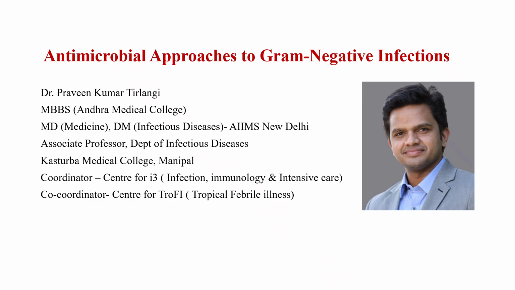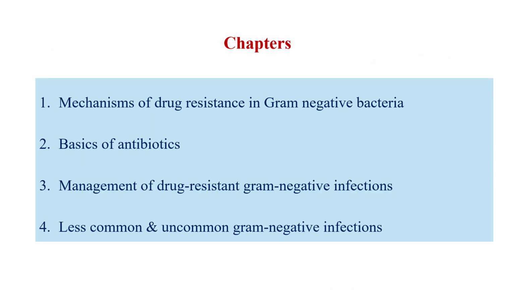So we are going to focus on gram-negative infections in the subsequent few lectures. We will do this in 4 chapters. Today we are going to discuss the mechanisms of drug resistance in gram-negative bacteria. This will be followed by sessions on basics of antibiotics, the side effects, the indications, and management of drug-resistant gram-negative infections, with the primary focus on carbapenem-resistant infections.